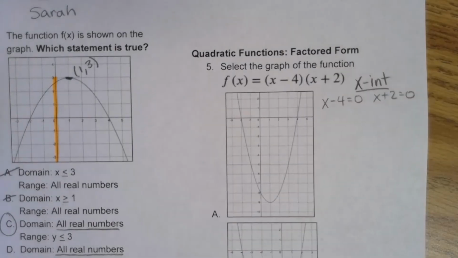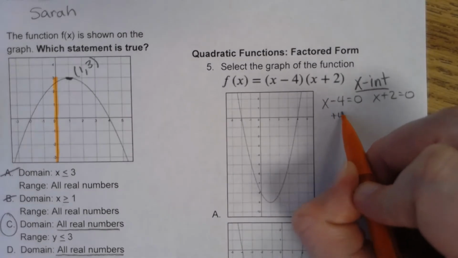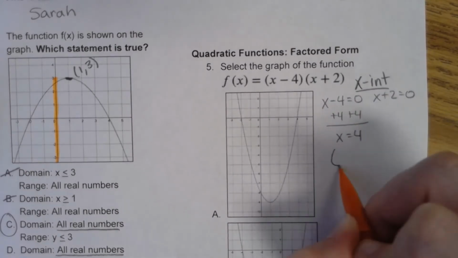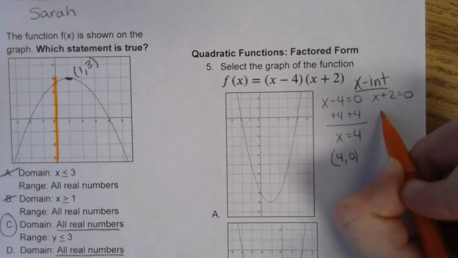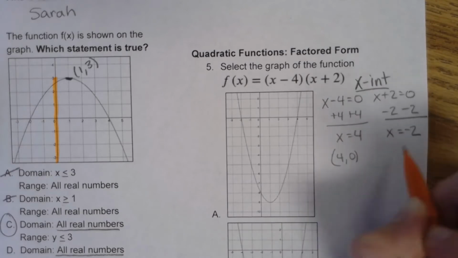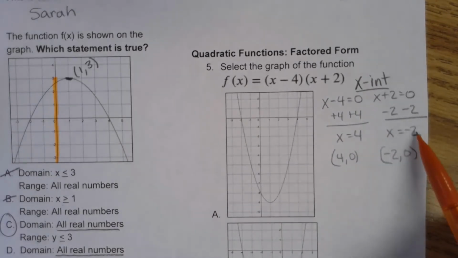We can find our x-intercepts by setting our factors equal to 0. So when we add 4, we get x equals 4, so that would be at the point (4, 0). We subtract 2, so x equals negative 2, that would be at the point (-2, 0), taking that x, and then our y value would be 0.